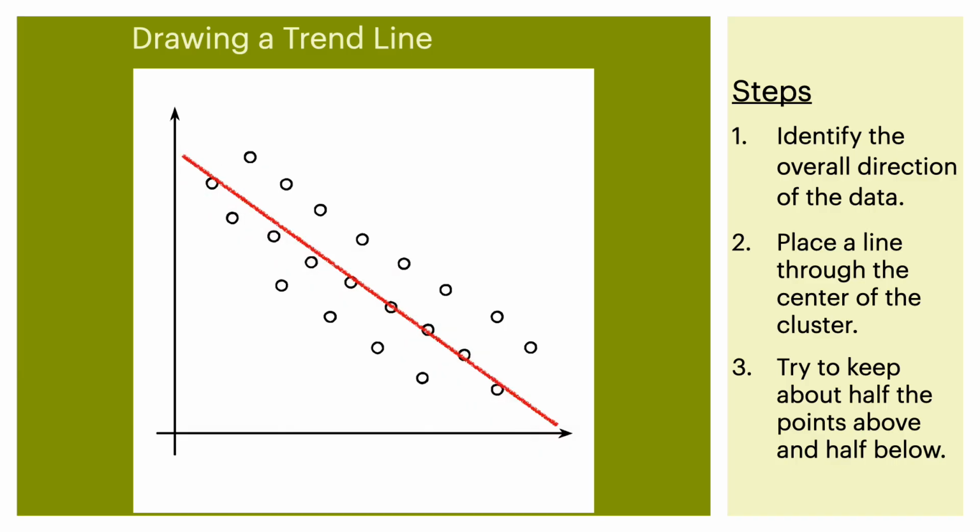And so this seems like a reasonably good estimate of where the trend line would be. It follows the overall direction of the data, passes through the middle of the data cluster, and has about the same number of points above and below the line. We've got about 8 points above the line and about 8 points below the line, so it's a pretty reasonable estimate for the trend line.